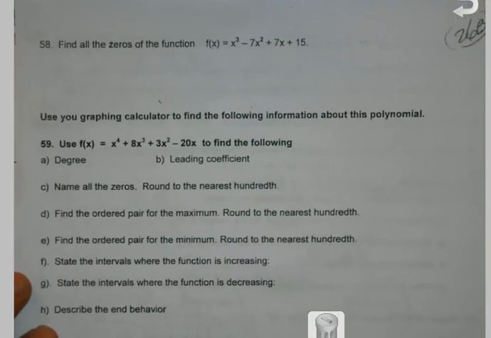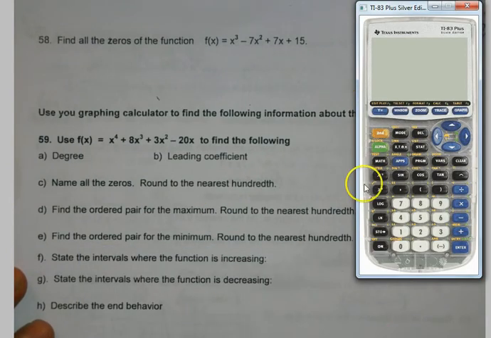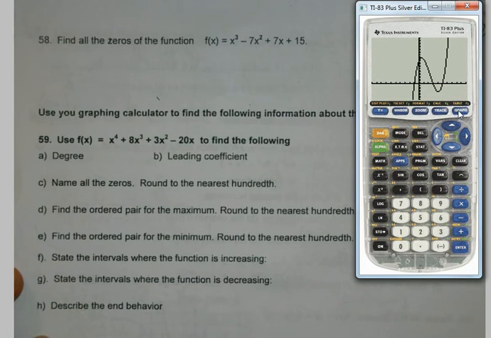Now you can see why this test takes 2 days. So find all the zeros. All right. Let's hope for lots of ones that just show up when we type this in. Go.